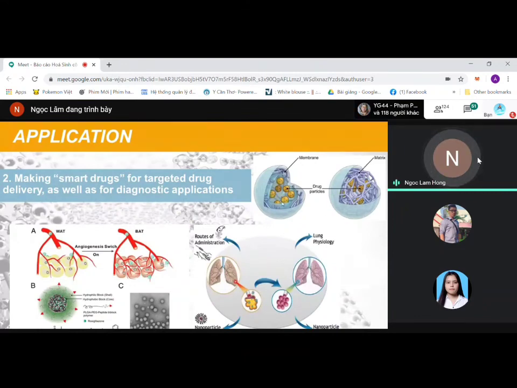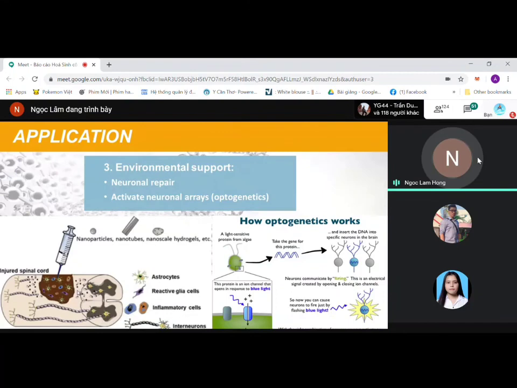This image is about a nano capsule, and this one is about treatment of respiratory disease. And this one is about treatment of pulmonary fibrosis. And the final application is environmental support in neuronal repair and activating neuronal arrays.